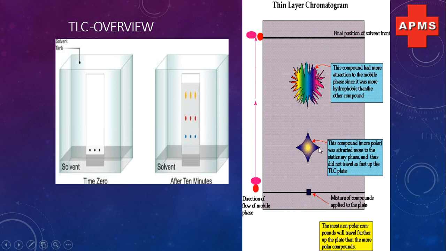The first spot which appeared here is the compound which is more polar, and we know that silica gel and alumina gel are also polar in nature. So polar interaction is high, polar attractive forces are high. So this organic compound travels slower due to this attraction with the stationary phase. So this spot is closer to the first spot.